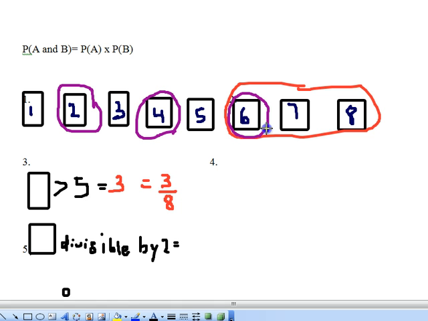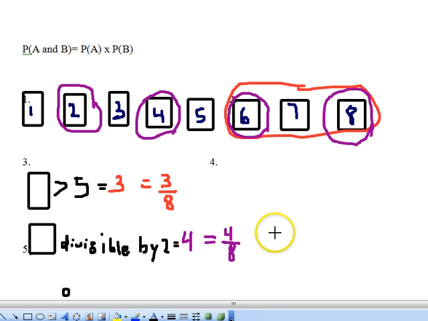Okay, now how many cards are, well, we have 2, 4, 6, and 8. They're all divisible by 2, so that's 4 cards that are divisible by 2, and therefore our probability that the second card would be divisible by 2 is going to be 4, our total number of favorable outcomes, over our total number of possible outcomes, which is 8, because there are still 8 cards.